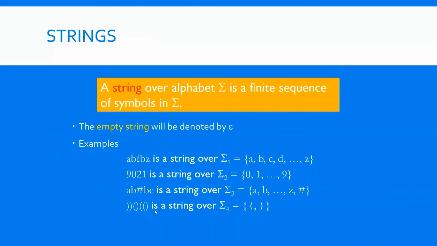In this type of strings, the number of left parentheses is the same as the number of right parentheses. Two left parentheses, two right parentheses is one candidate. Another might be three left parentheses, three right parentheses. Or one left, one right, one left, one right, one left, one right. This is another example.